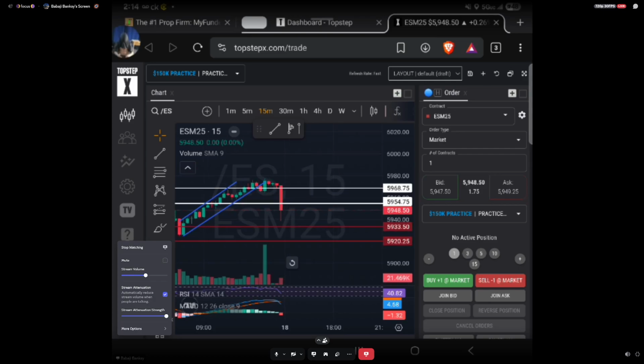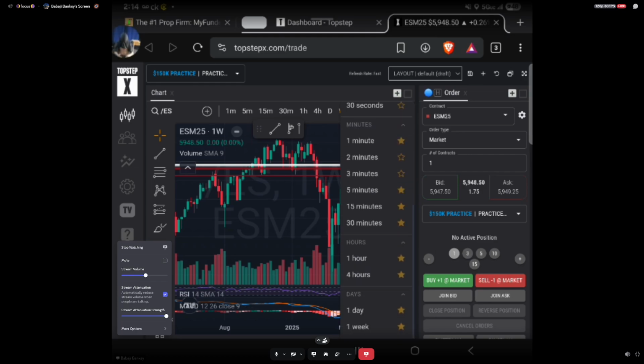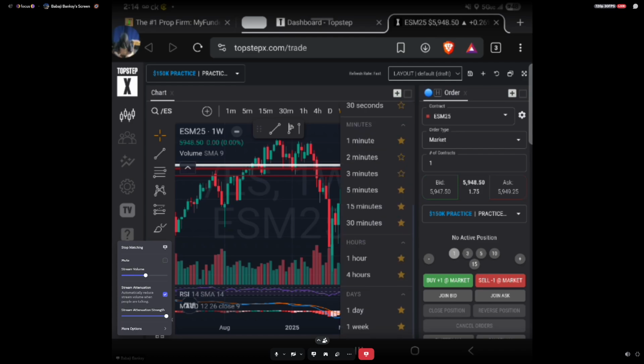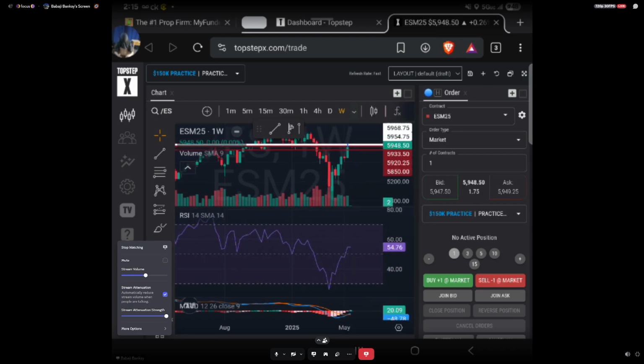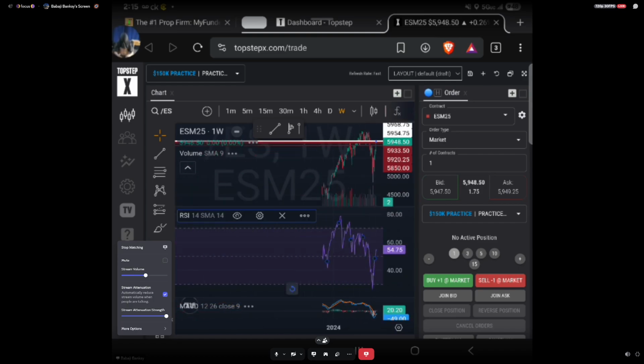So a quant trader would look at all this data, from months to weeks.